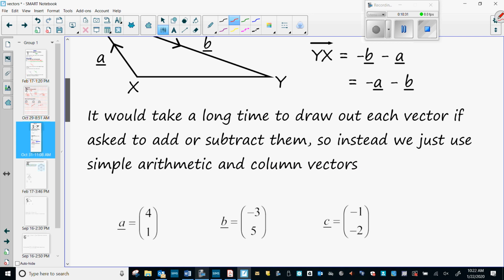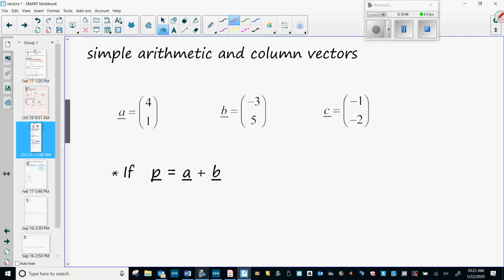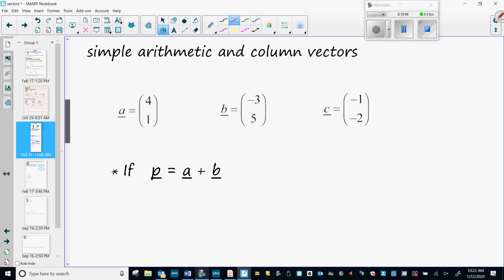Alright, so it would take a long time to draw out each vector if asked to add or subtract them. So if you're asked to find the resultant of things, you're literally just going to use simple arithmetic with the column vectors. So if I've been told that vector P is equal to A plus B, I would literally look to see, right, vector A is 4, 1, and I'm adding on vector B, which is negative 3, 5.